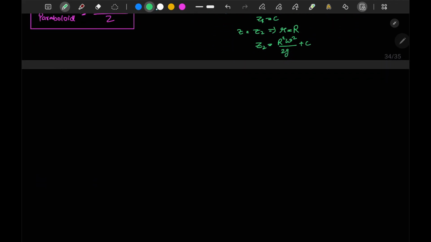Now let's say I want to calculate the pressure at the bottom surface in a rotating cylinder.